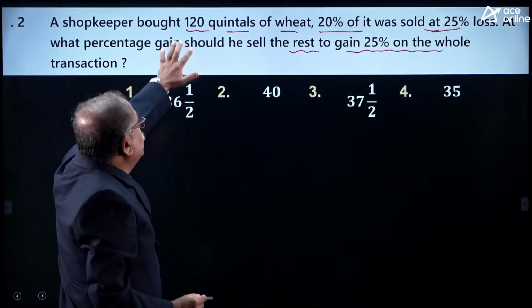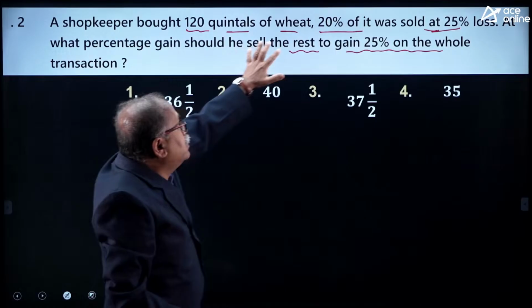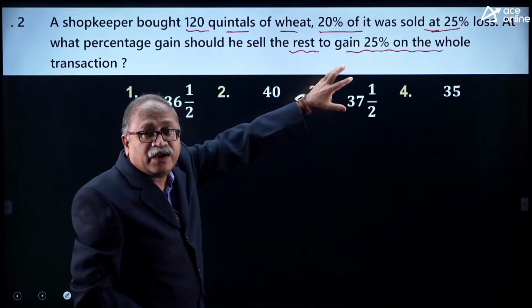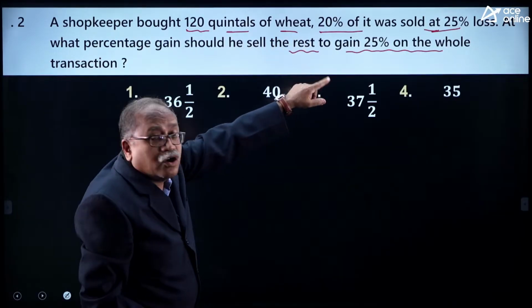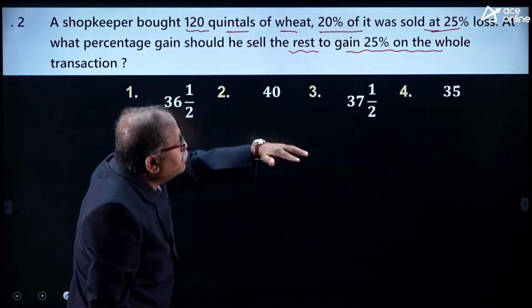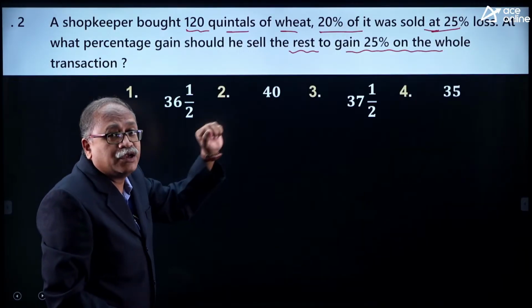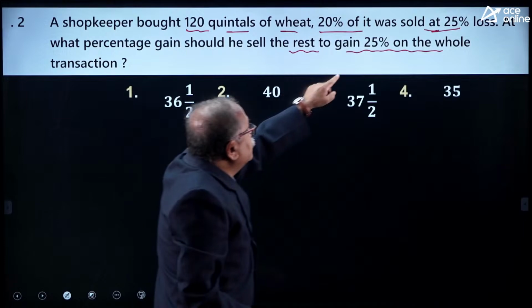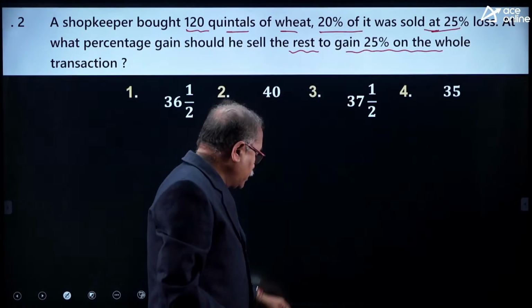So you understood that out of 120 quintal, 20% is sold at 25% loss. At what percent profit should he sell the remaining part, that is the remaining 80%, in order to get the overall 25% profit.